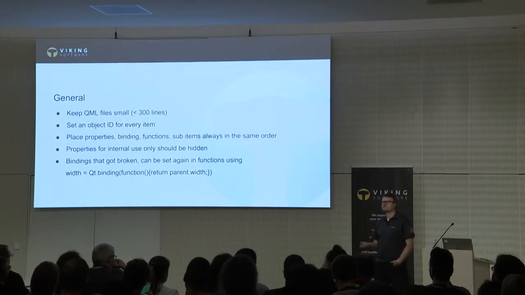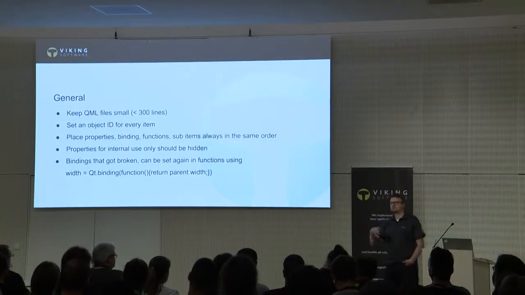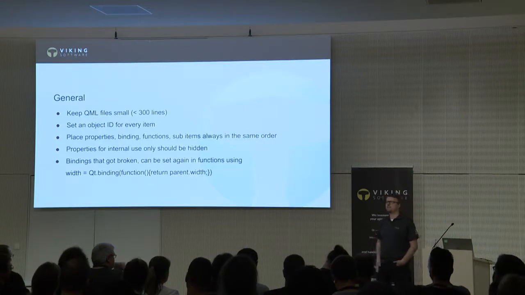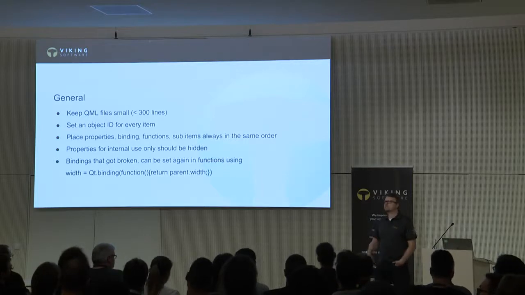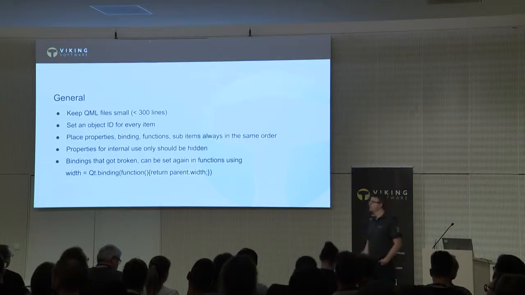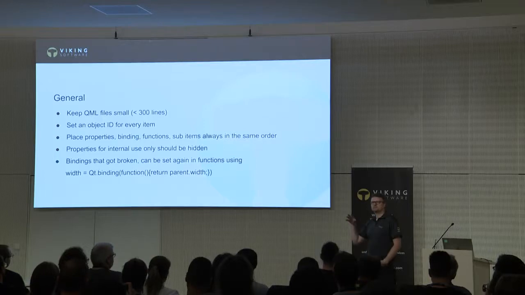So you just set the ID to mouse grabber or some descriptive name, so you know what it's used for, as this mouse area won't have anything that shows what it does. So it's not obvious what it's for. So as a rule, I just set an ID for every item. And the root item I always call root, so if I want to reference the root item, it's root.